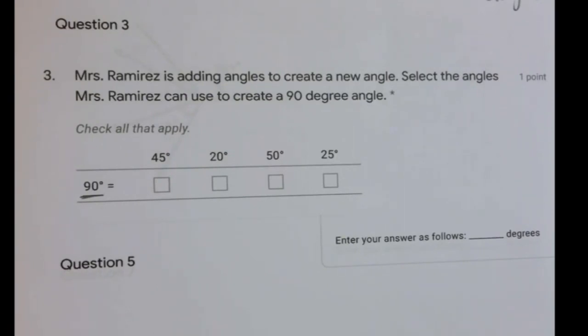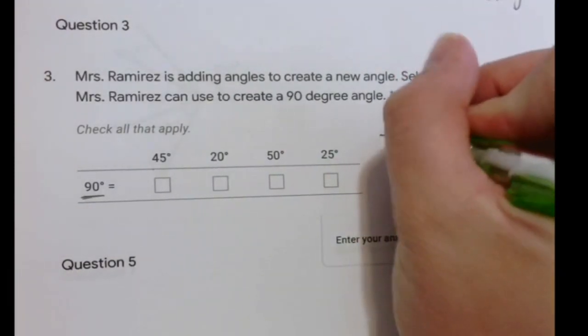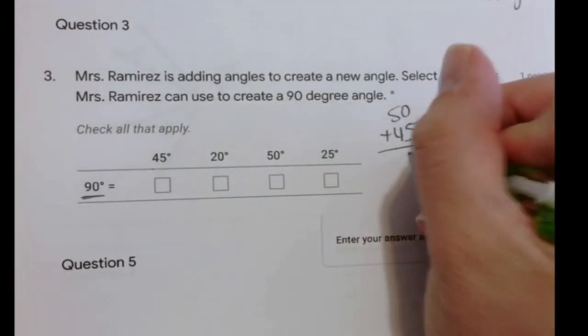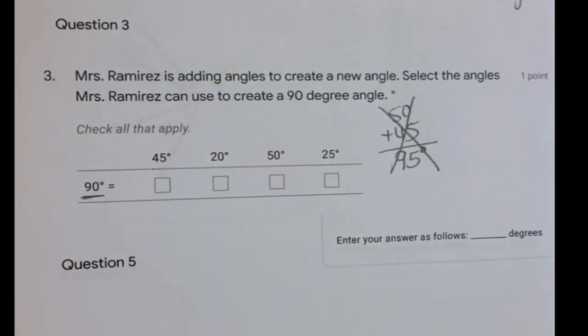All right, so let's just think. I know that 50 plus 45, let's work that out over here. 50 plus 45 is 95. So that's too high. Okay, we've got to go to 90. All right, let's see.